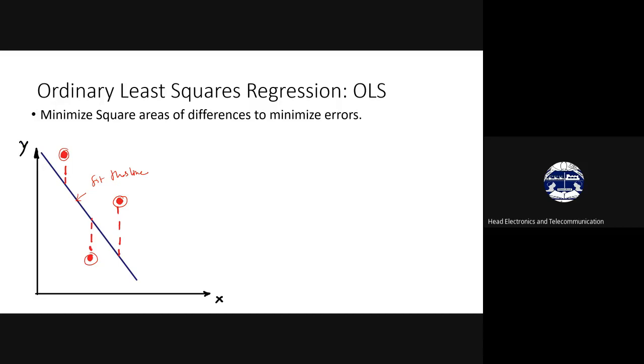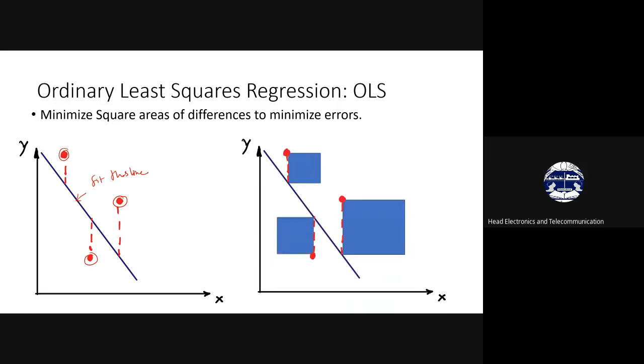Now what is the concept of squaring error, or what exactly happens when I do the square? Now see, if I fit a straight line for these 3 points like this, then this is my error. So if I square this error, then it is like this area. So if I square this difference, it becomes this area.